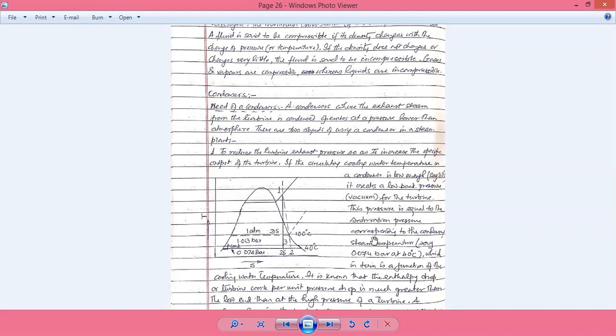This pressure generally equals the saturation pressure corresponding to the condensing steam temperature, say 0.074 bar at 40 degrees centigrade, as shown in this TS diagram of the vapor. This is T, this is the saturation curve, and the turbine is here.